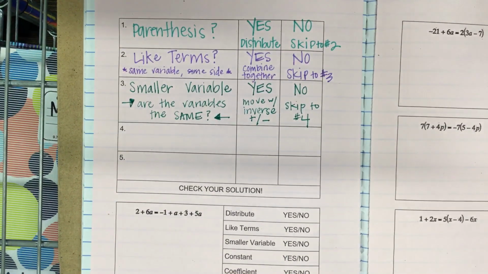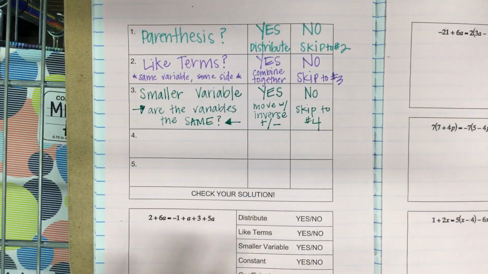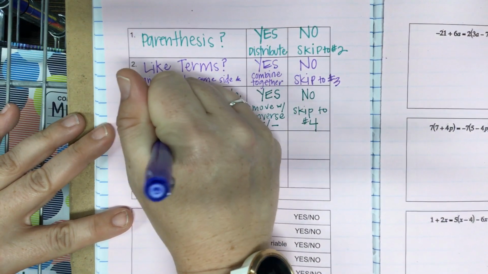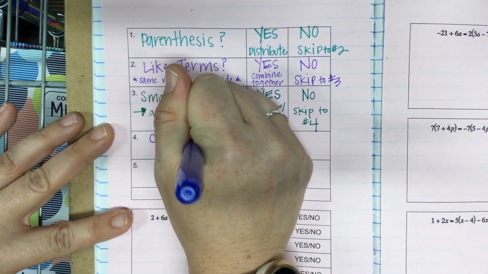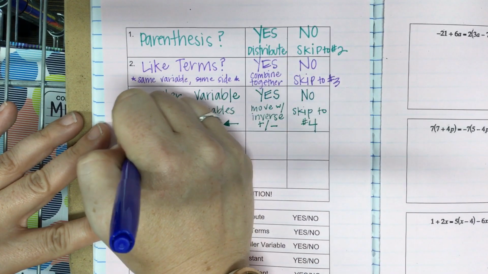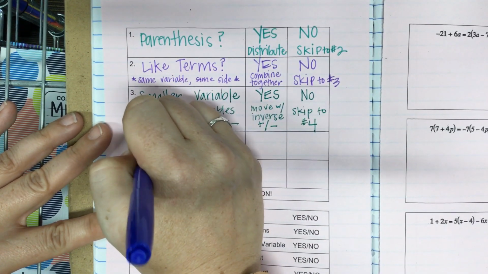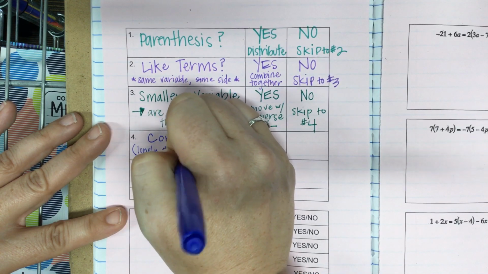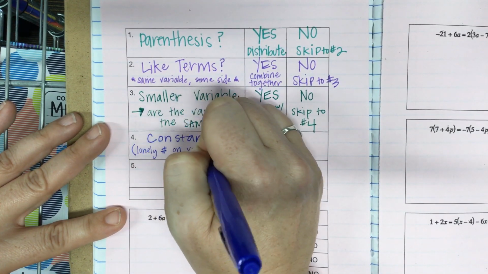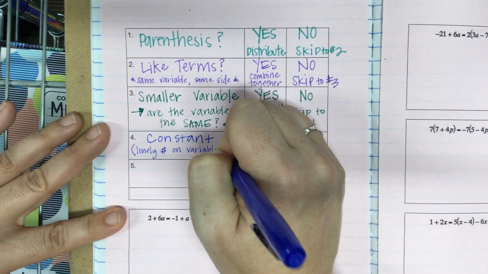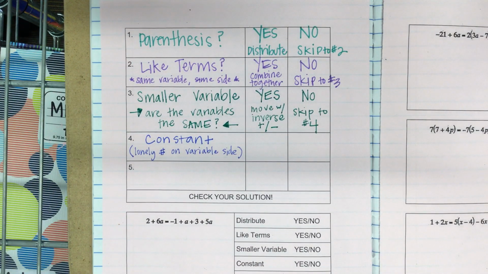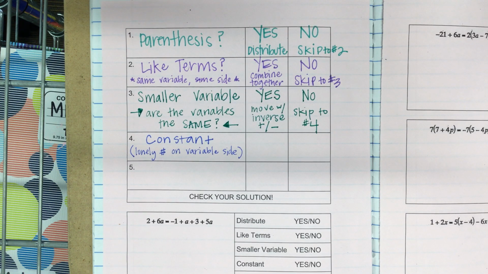And then step 4, is there a constant? And let's add in this, it's the lonely number on the variable side. We got a little confused yesterday on which number was the constant.